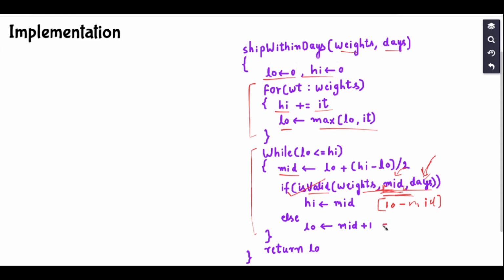Otherwise, if it is not the case, then the range is reinitialized to mid plus 1 to high, because in this case I need a ship with higher capacity. At the end I return this low because this is going to store my first true. We are just finding the first true element. Okay, and let's see the implementation of this valid function.